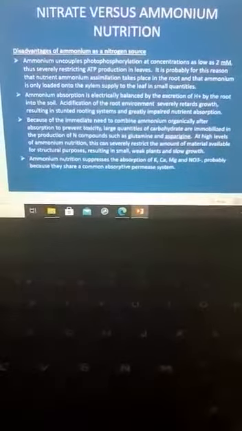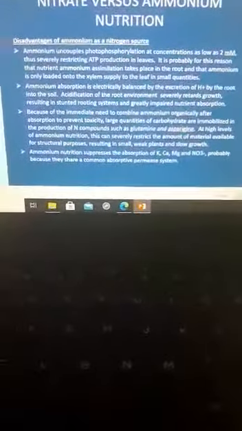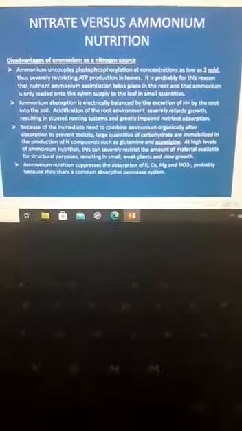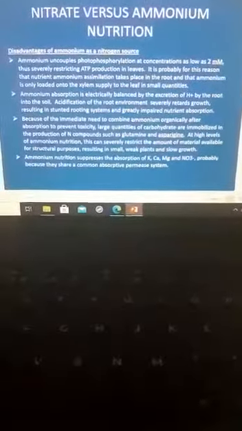The issue here is the two forms of nitrogen, nitrate versus ammonium. There are some plants that are adapted to ammonium, others that are adapted to nitrate.